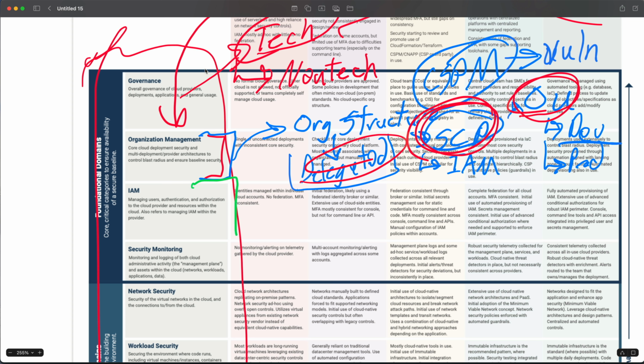So the next is IAM, and IAM, remember, all cloud security failures are IAM failures, and all IAM failures are governance failures. See how all of this stuff ties in? For IAM, we did a bunch of different things.